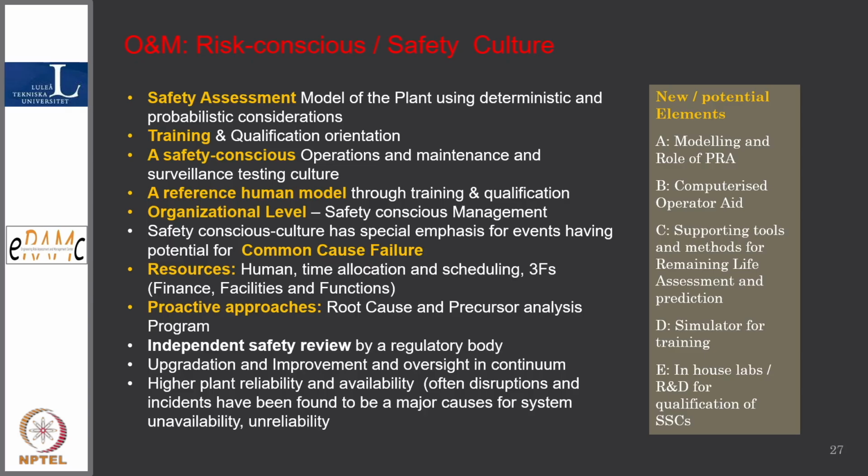There are so many factors, but still common cause failure occupies an important dimension in probabilistic risk assessment. So attention should be paid. Resources, human time allocation and scheduling. So finance, facilities and function. These three factors should be ensured in perpetuity.